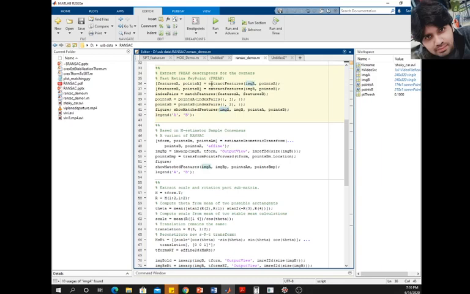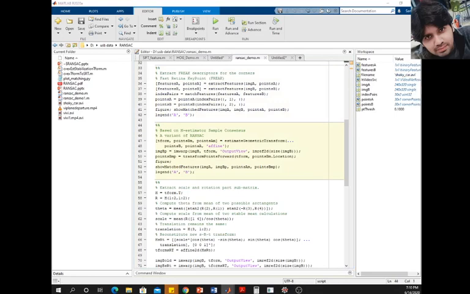So now we want to extract features and we want to match those features from frame A to frame B using FREAK descriptors, Fast Retina Keypoints, which are used by default in MATLAB.